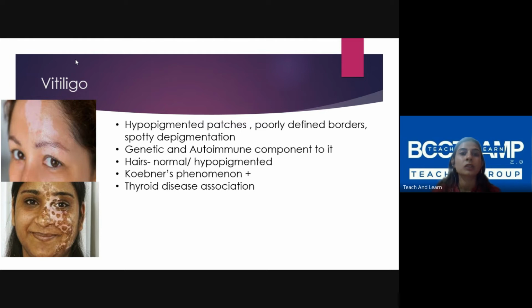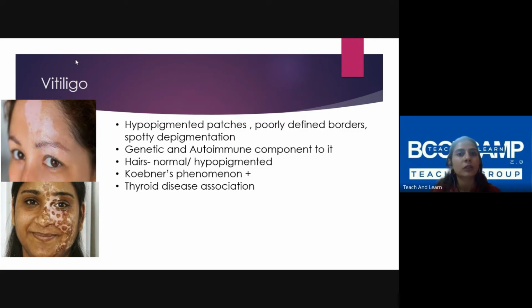Here also you have to counsel them. It is genetic. There is an autoimmune component to it as well. So when you tell them it is genetic, you should tell them that this is not something which is going to go away once you start the treatment. It's not going to magically disappear. So tell them that it's going to take time. It is genetic. Even if you're on treatment, new lesions can come. It is very important.